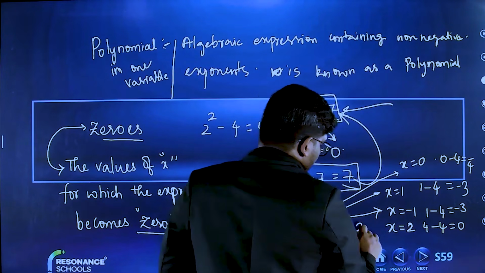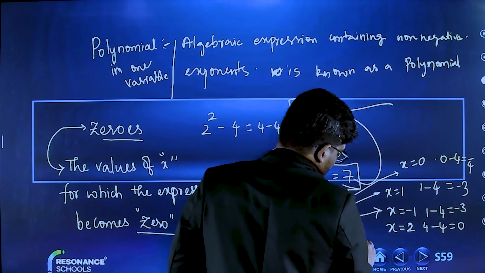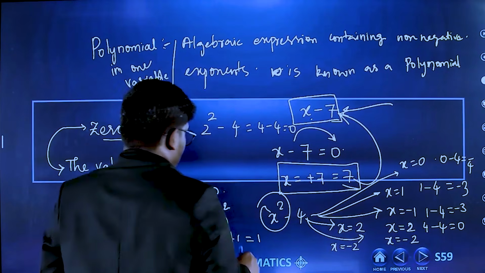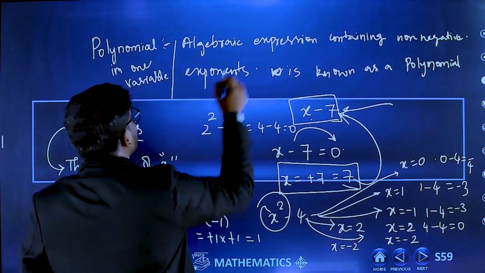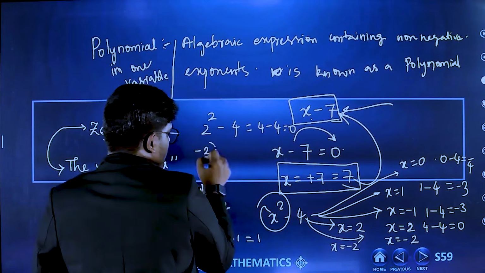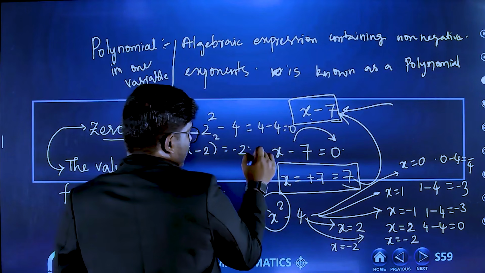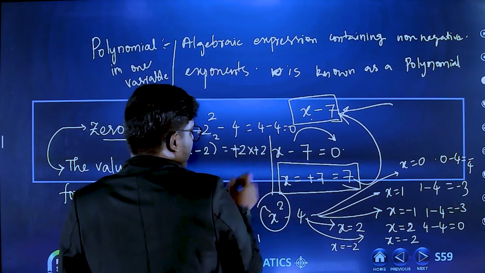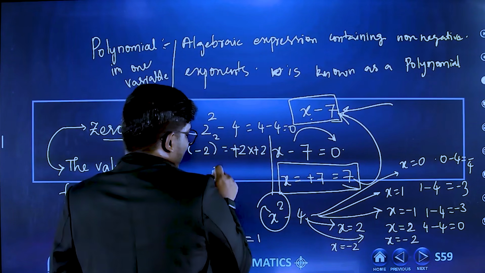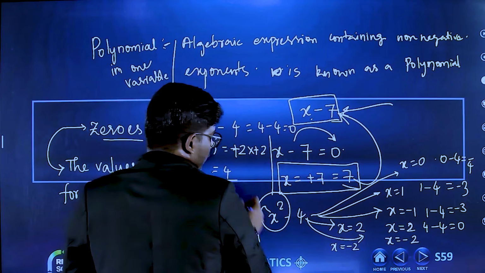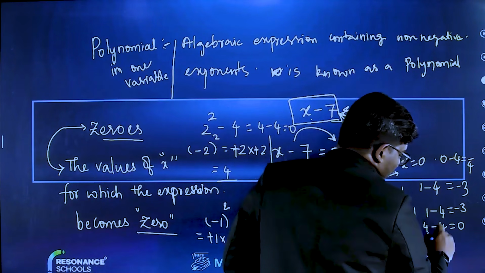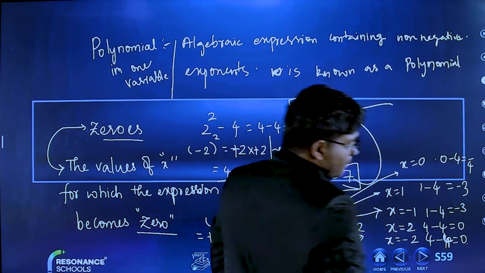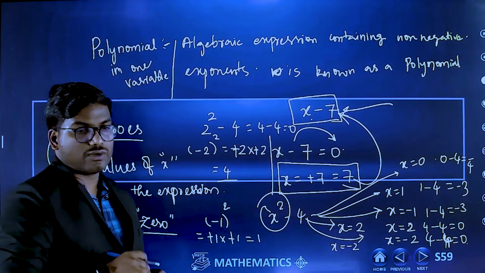And x equal to minus 2. Minus 2 whole square is minus 2 into minus 2. Two minuses become plus, so it will again be 2 into 2, which is 4. Now it will be 4 minus 4, which is 0.